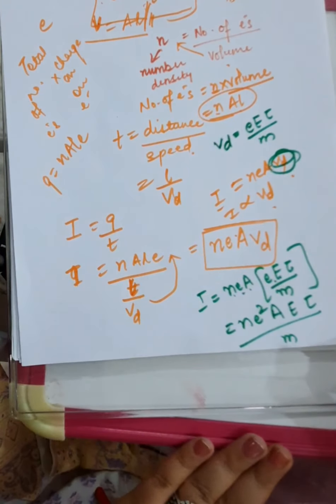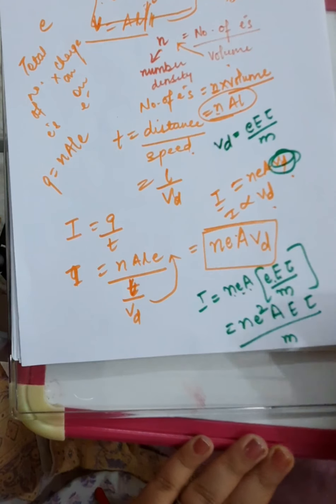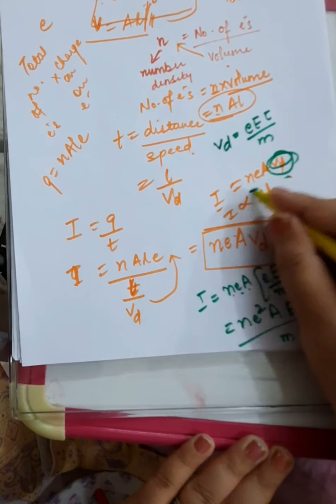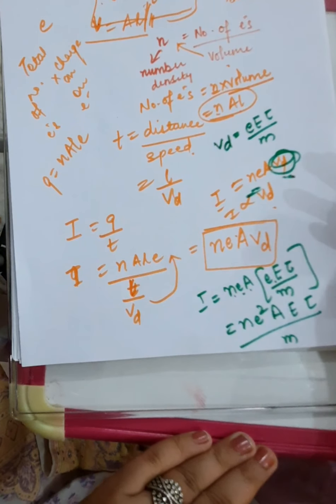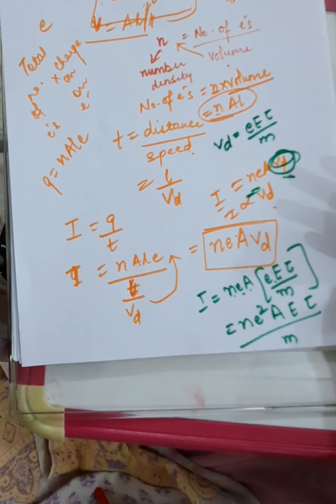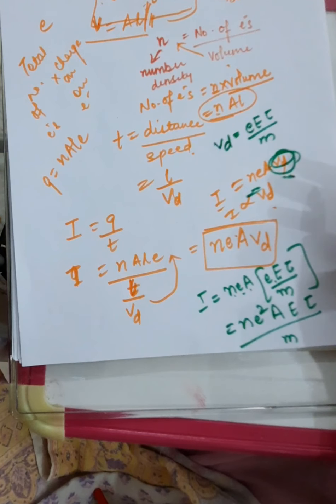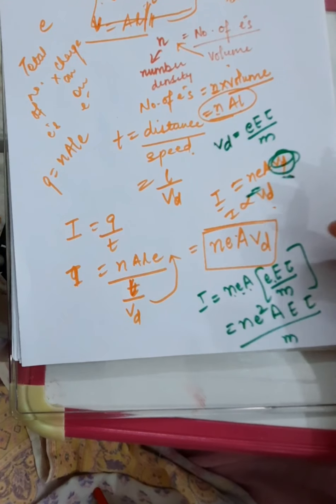So this is the value of current in terms of Vd. This is the relation between both of them, that they are directly proportional to each other. Suppose the drift velocity has increased by twice, the current will increase by twice. So that you need to remember.